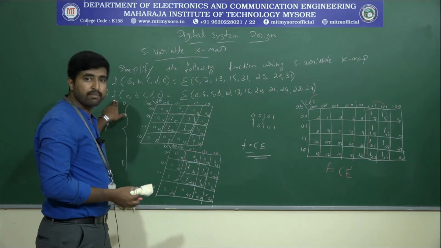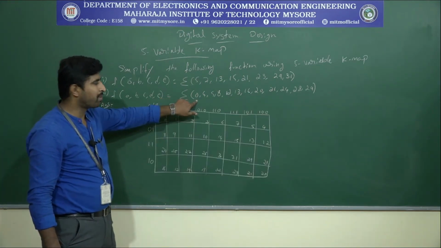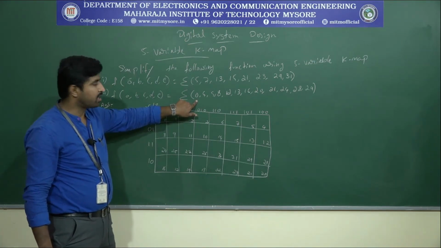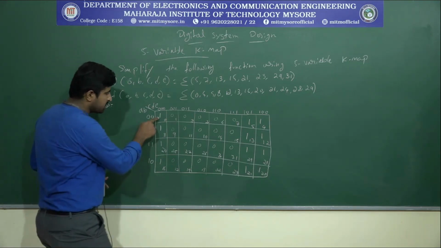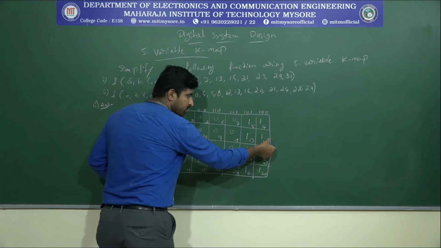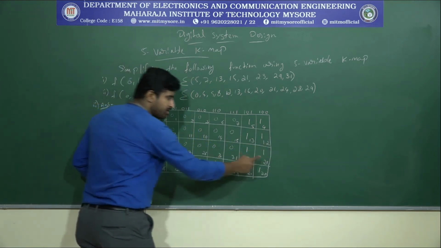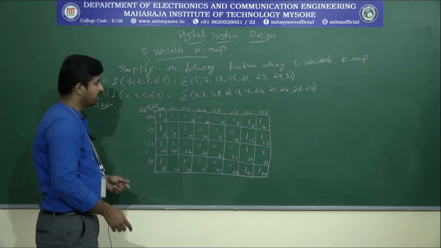Okay, let's solve the second problem. Since they are given a summation, we need to place a logic 1 for the corresponding cell values. We know that 0 is adjacent to 4, similarly 8 is adjacent to 12, 24 is adjacent to 28, and 16 is adjacent to 20.